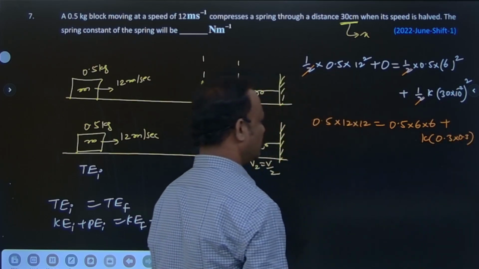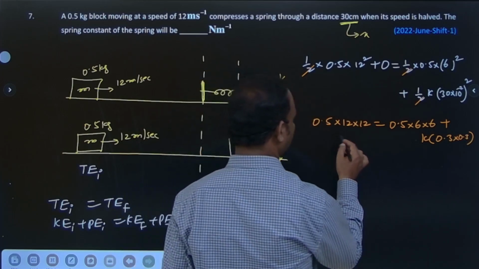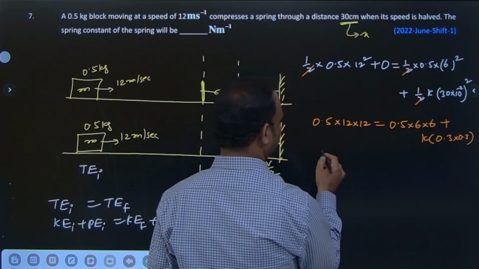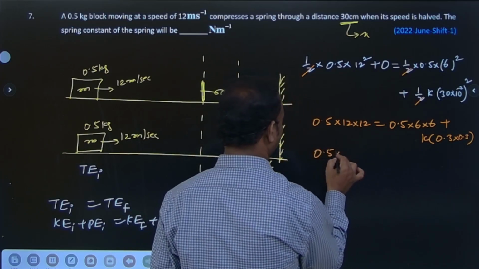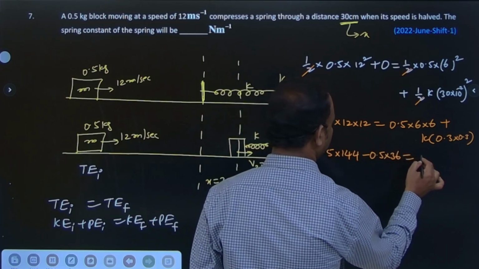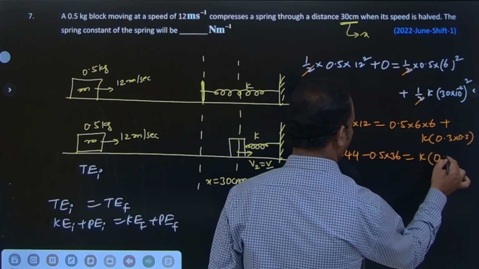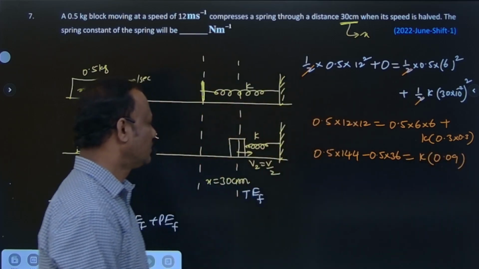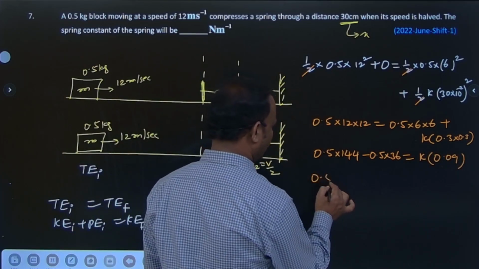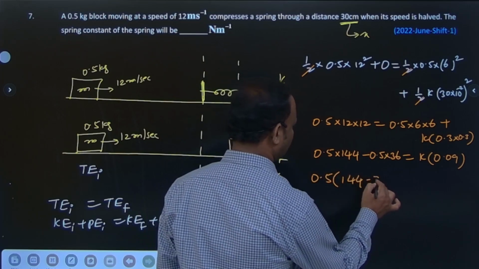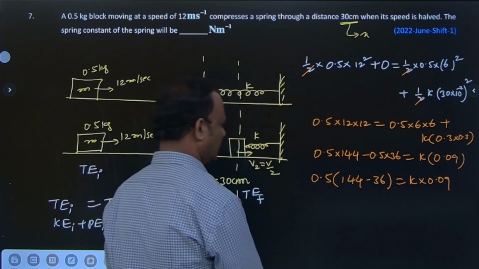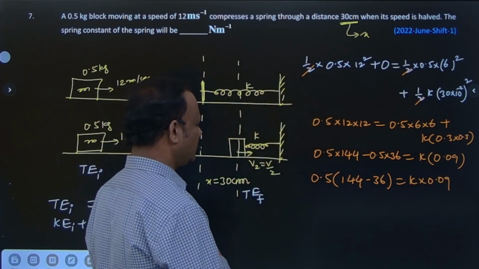Now bring the 0.5 to this side. 0.5 into 144 minus 0.5 into 36 is equal to k into 0.09. It is a simple calculation. 0.5 is common, 144 minus 36 is equal to k into 0.09.